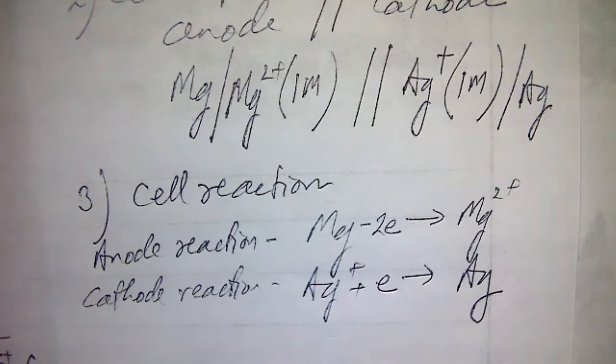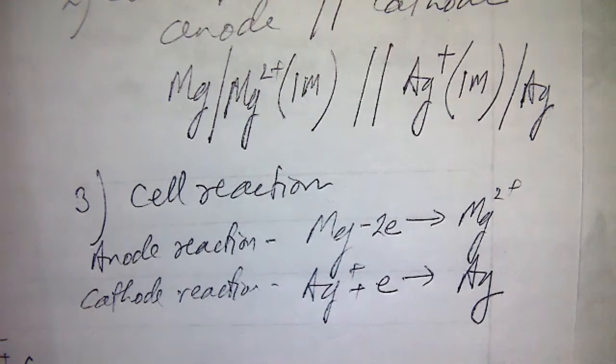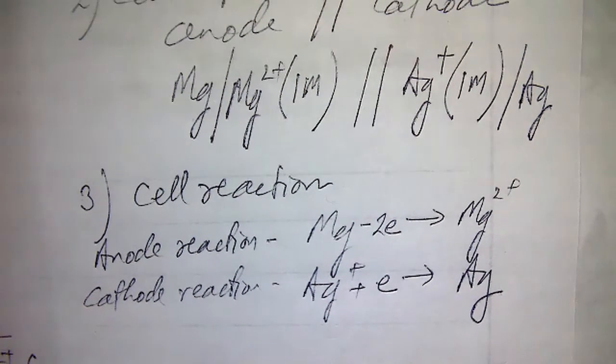Now, if you add it, you should get the cell reaction. But I told you, whenever you do this, you always look for the number of electrons. The number of electrons gained and the number of electrons lost always have to be equal. Are they equal?